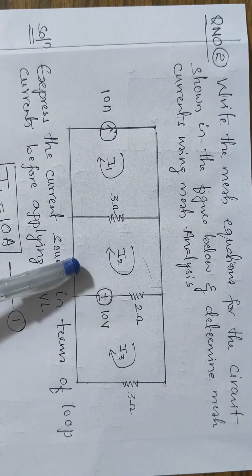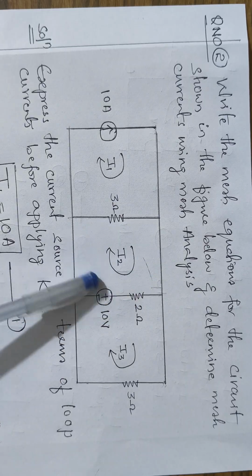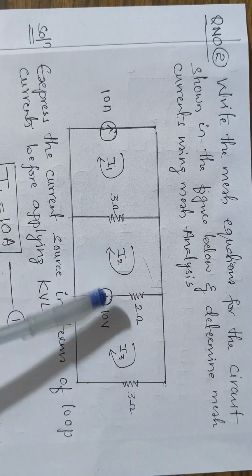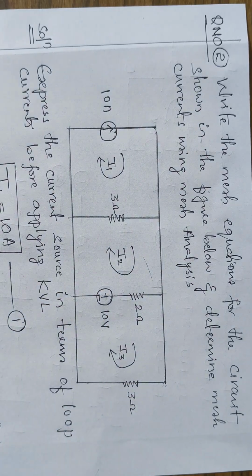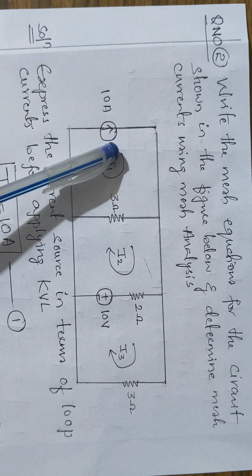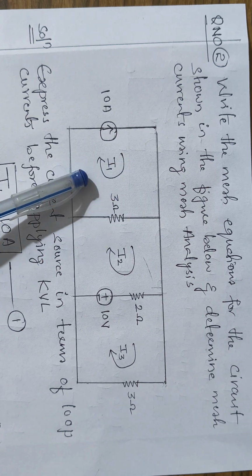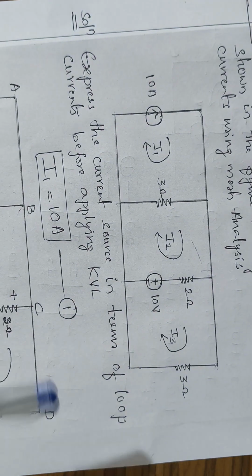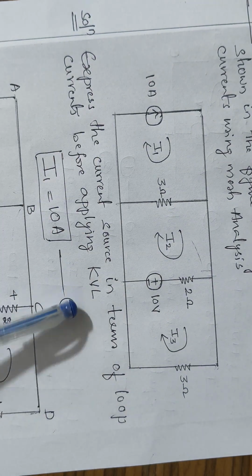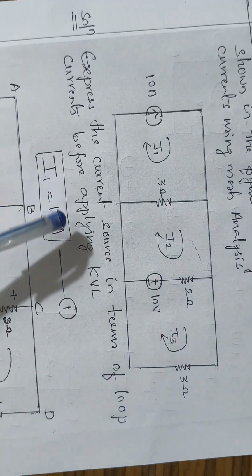So in this figure you have only two loops, that is the second one and the third one. You have only two loops for the loop currents I2 and I3. Now here the value for I1 can be calculated directly from the current source. So the first step is, we'll express the current source in terms of the loop current before applying the KVL.